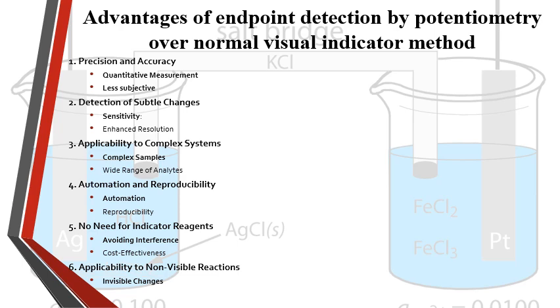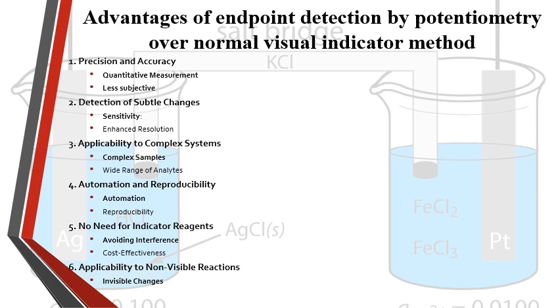Number 5, there is no need for indicator reagent. Potentiometry does not require the use of indicator reagents, which can sometimes interfere with the reaction or introduce errors. This makes potentiometric titration cleaner and more straightforward. It reduces the need for purchasing and preparing indicator solutions, lowering cost and simplifying the experiment setup.